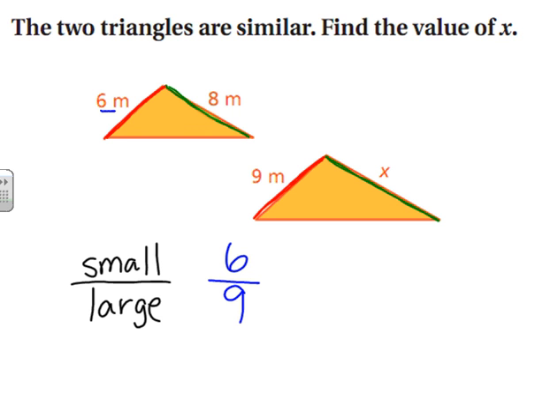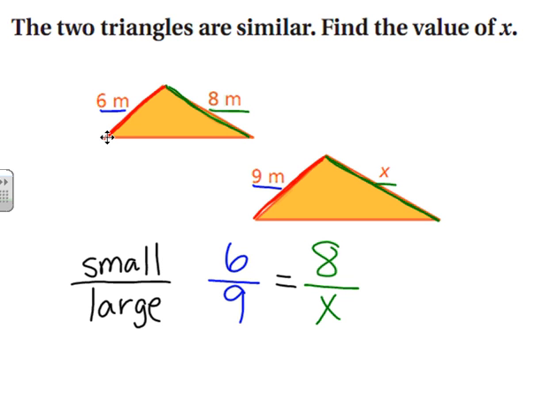So I'm matching up those two measurements. The second half of the proportion, I'm going to match up the small medium side to the large medium side. So that's the proportion. The first ratio represents the first triangle. The second ratio represents the second triangle.